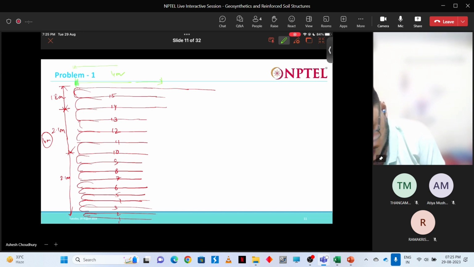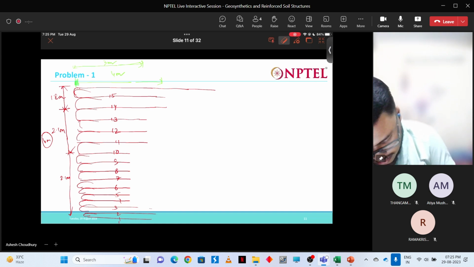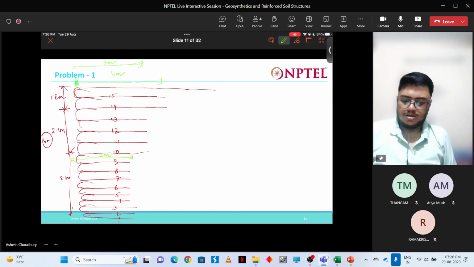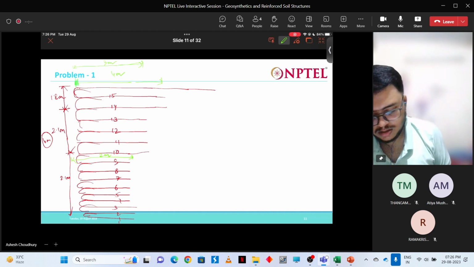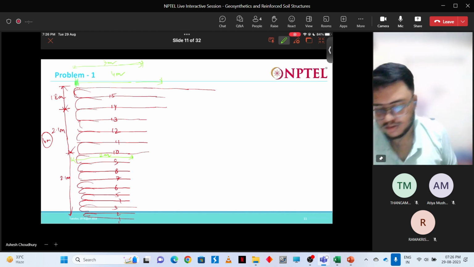Then we had 3 meter, and 2 meter. Alright, so these were the different lengths of reinforcement that we provided.